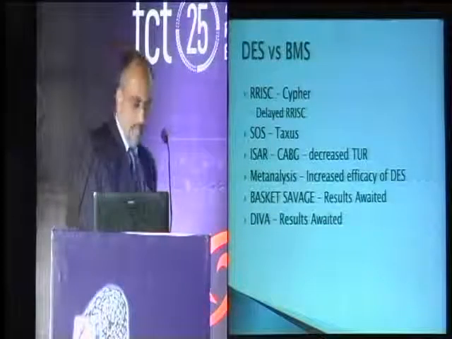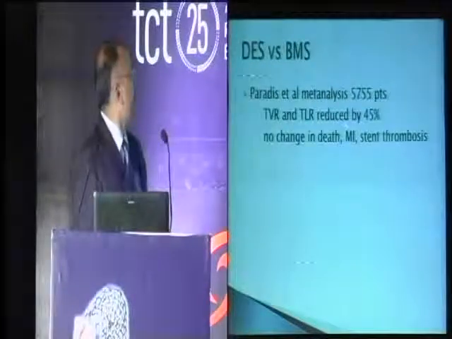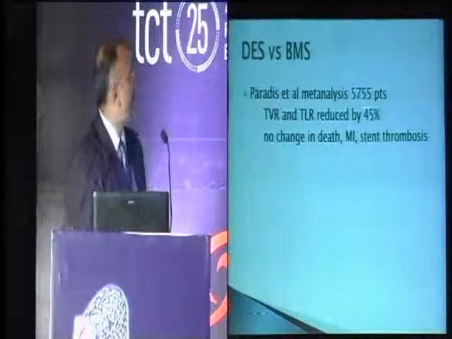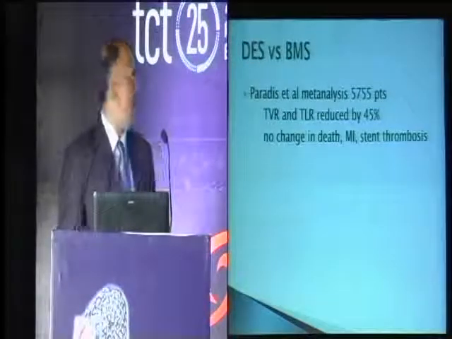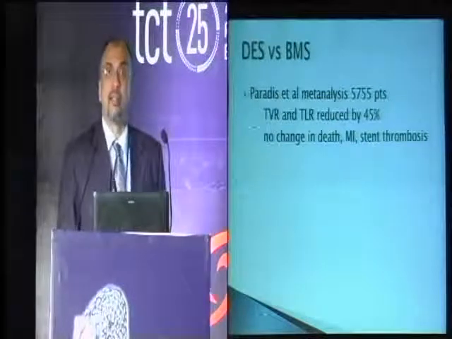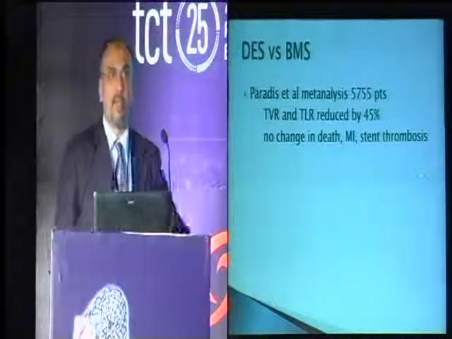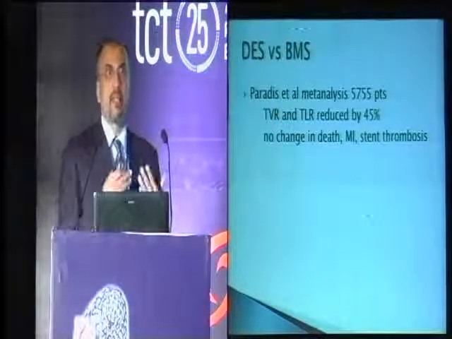Then there are a lot of other studies which are done, but finally possibly the real data which will come is of 6,000 patients. They analyzed it in a Bayesian meta-analysis, and they found that stenting using drug-eluting stents was safe. Look at that. Imagine that, you have somebody saying that it is possibly safe.